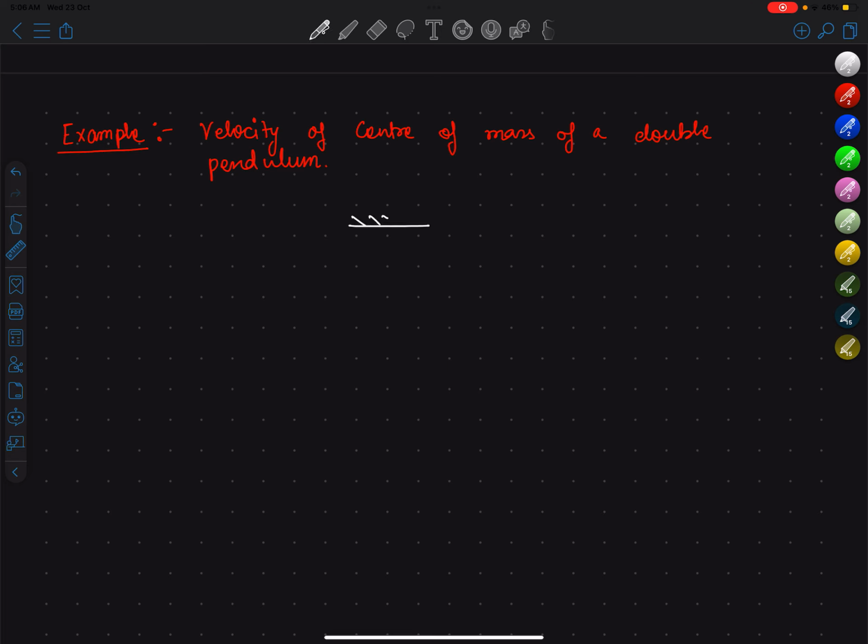So, revolute joint, this is the first link and this is the second link. Okay, so let's say the center of mass of each link is here.